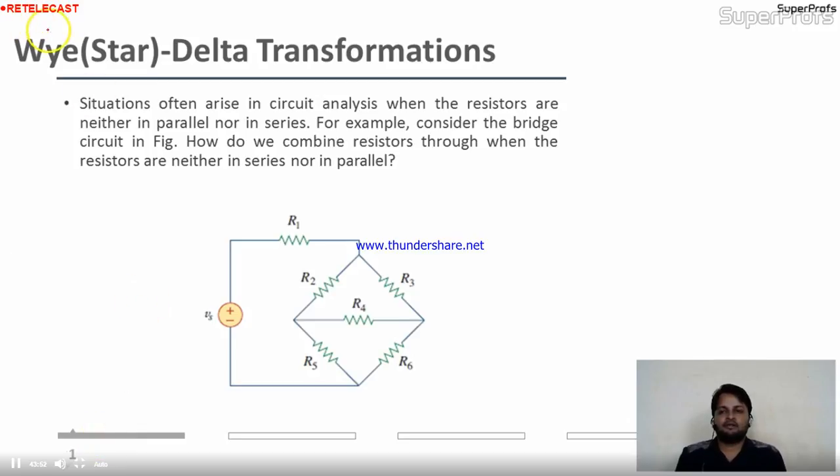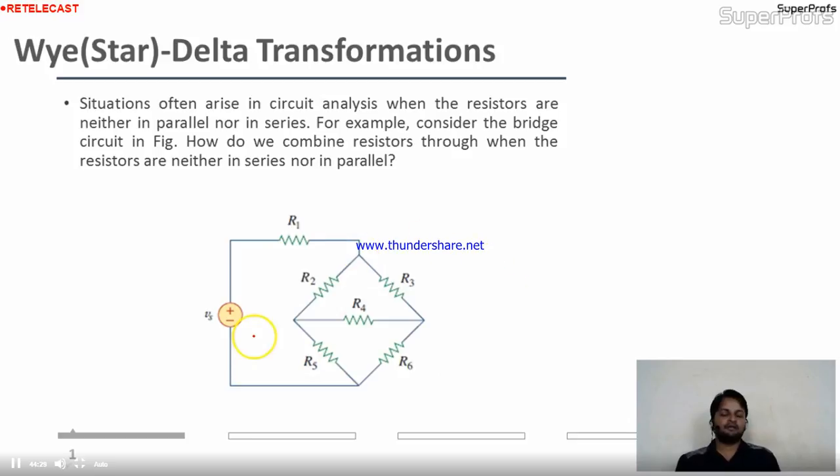Now this is also a very important topic, the transformations star to delta and delta to star. Friends, sometimes when we resolve the circuit by series and parallel combination to get the R equivalent, we encounter a circuit in which there is no series combination and no parallel combination. And we know how to solve only series and parallel combinations. See this bridge circuit, R3, R6, R4, R5, R2, R1.